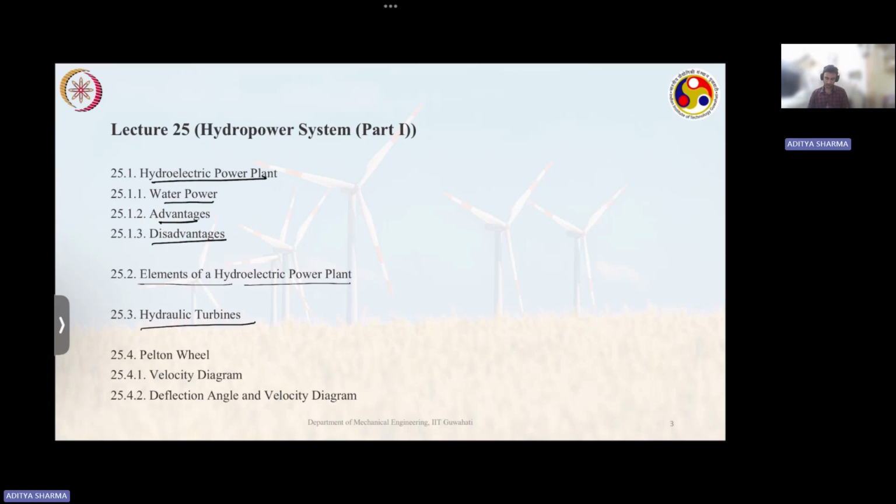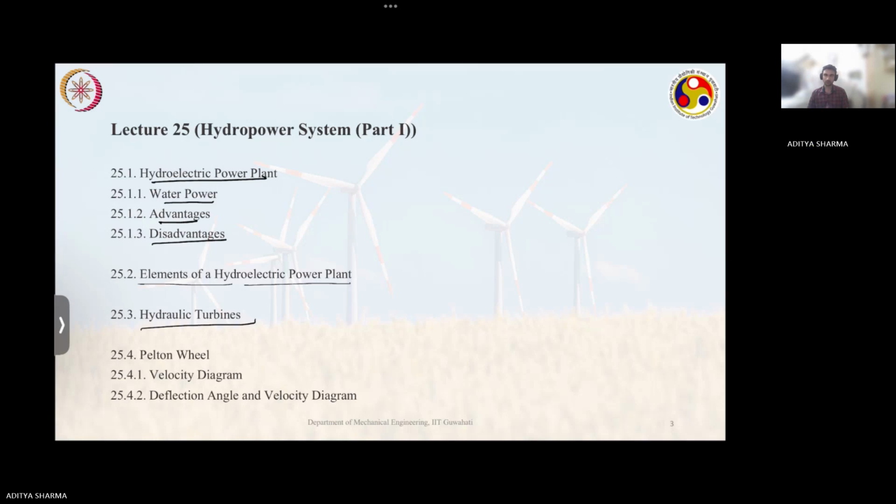Then the turbines used in this power plant to convert the energy that is there in water, first in the form of potential energy, and then that is converted to kinetic energy, and this kinetic energy is converted to the shaft work, right? And that shaft work is then converted to electricity.